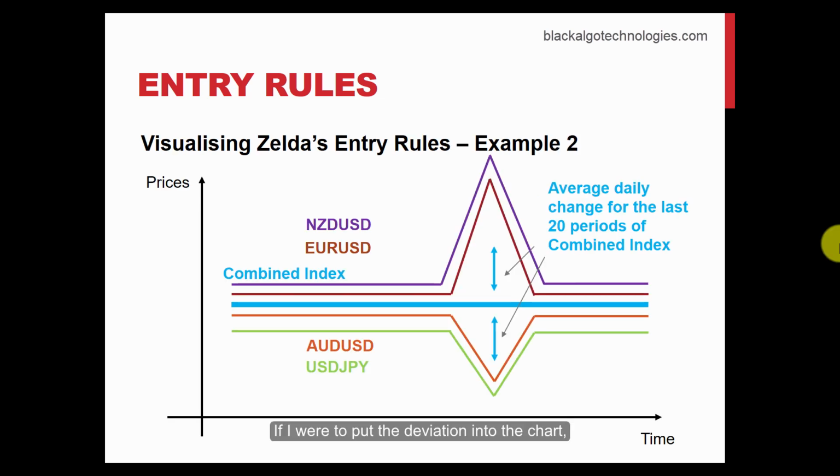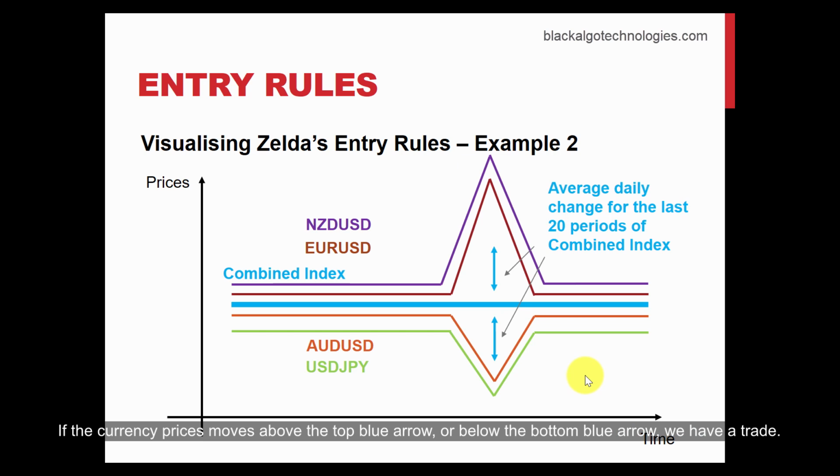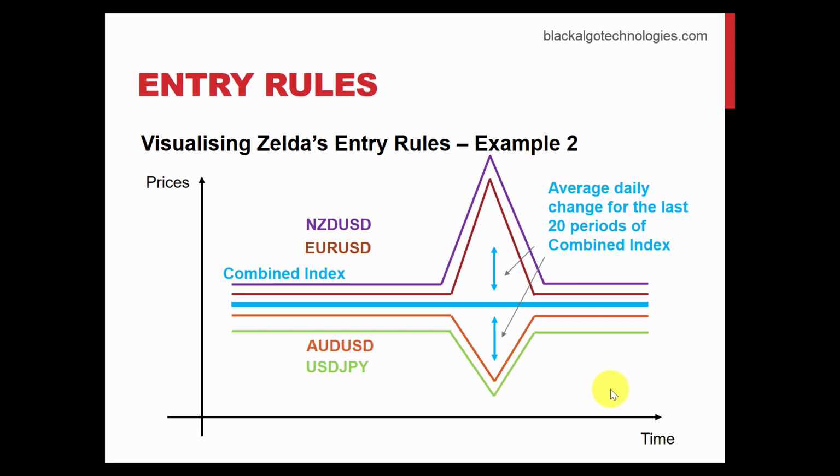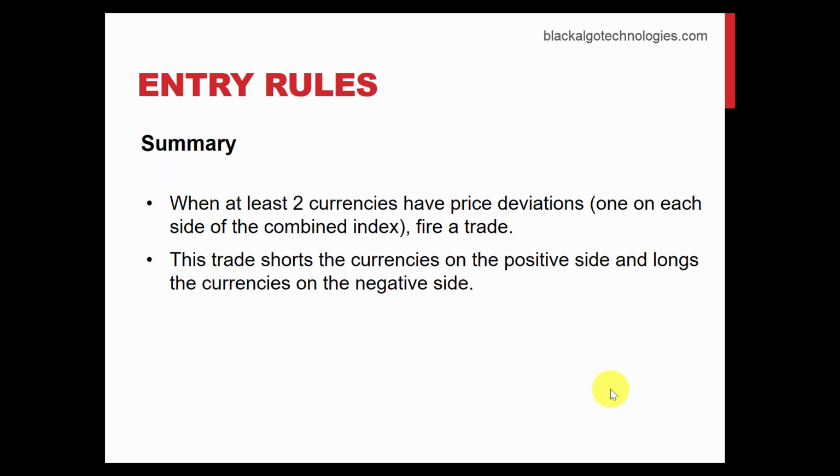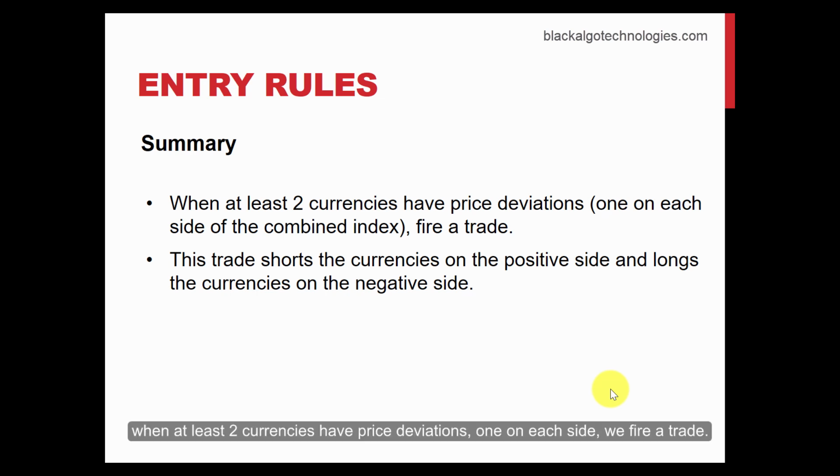If I were to put the deviation into the chart, it would look something like this. These two blue arrows represent our deviation distance. If the currency prices move above the top blue arrow or below the bottom blue arrow, we have a trade. Thus, to summarize the entry rules, when at least two currencies have price deviations, one on each side, we fire a trade.